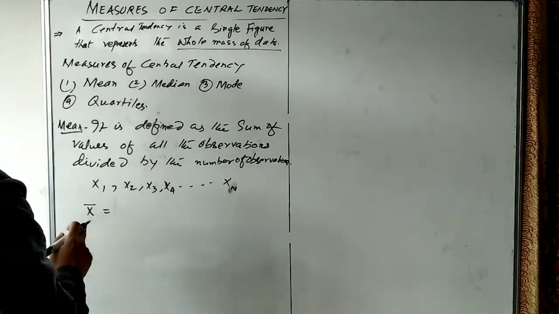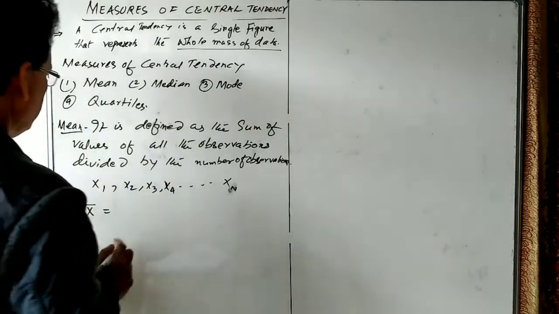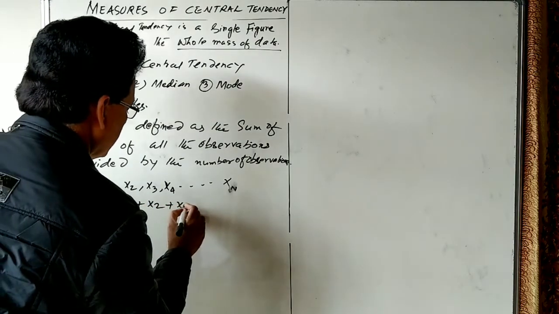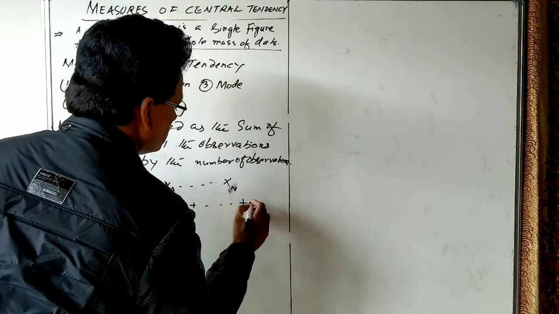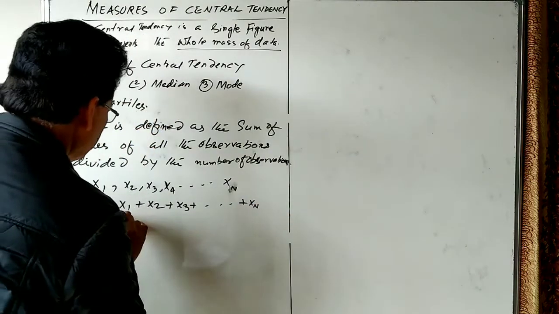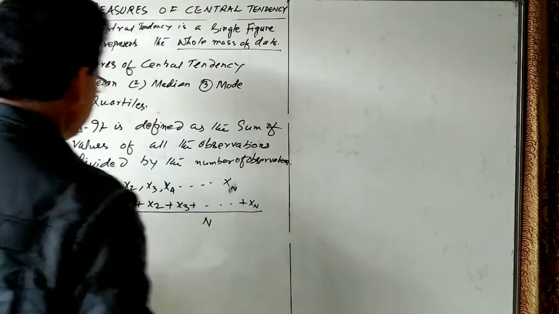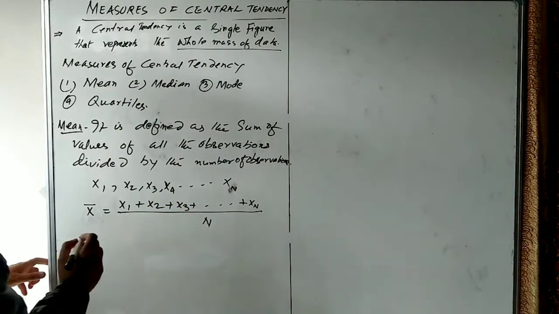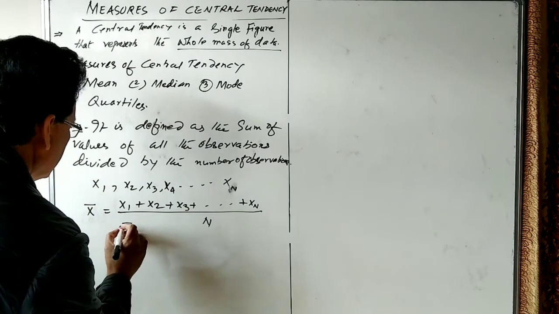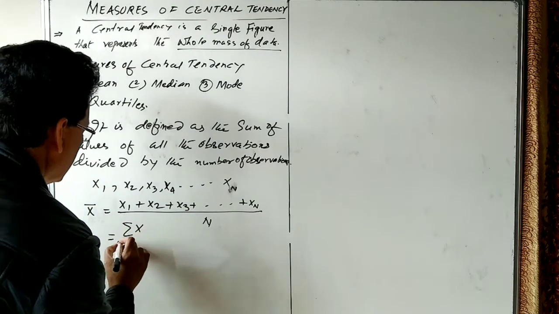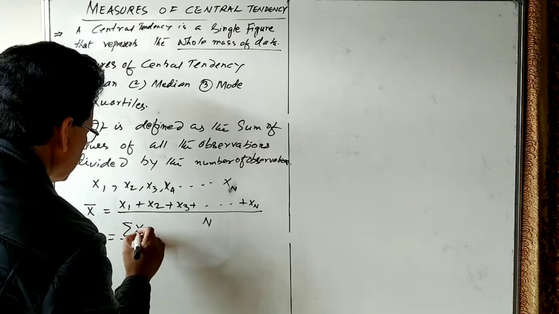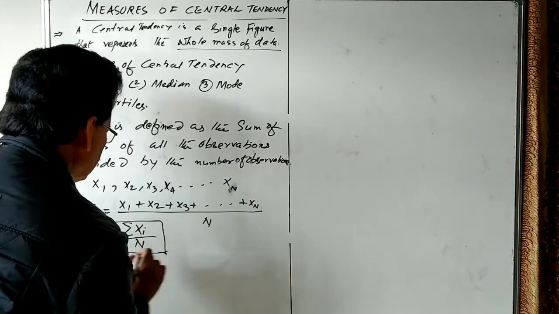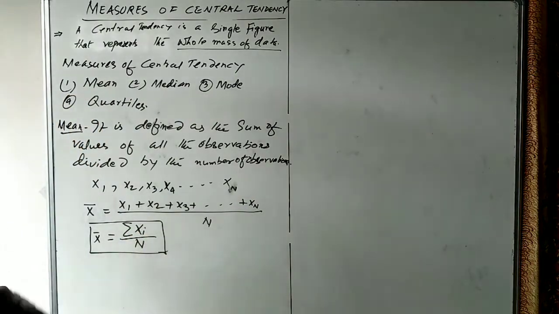X bar is the symbol denoted for mean. So x bar will be equal to x1 plus x2 plus x3 plus, going up to xn, and the whole divided by n. It means this is the sum of observations divided by the number of observations. So x bar is equal to summation of xi divided by n.